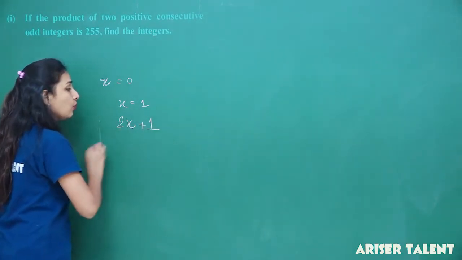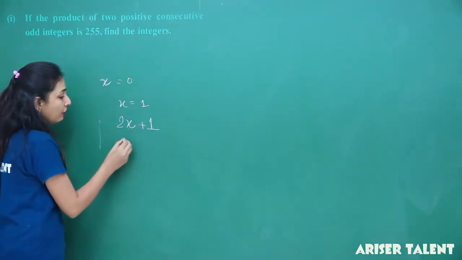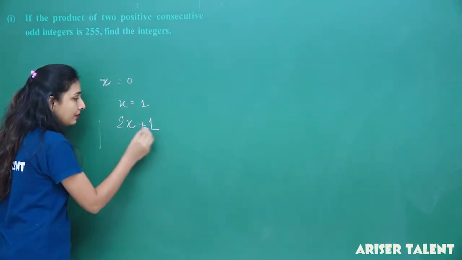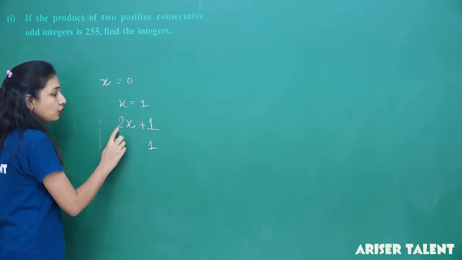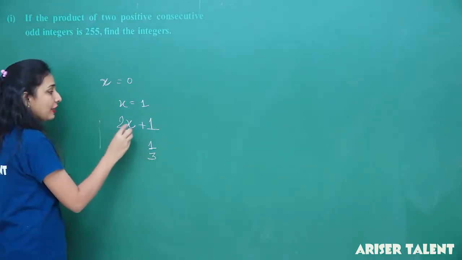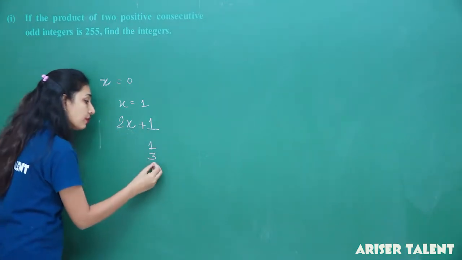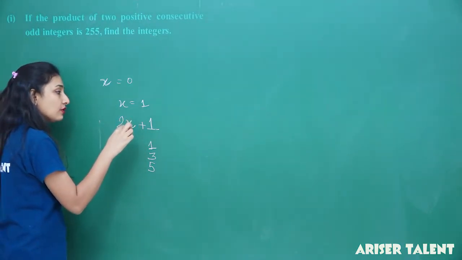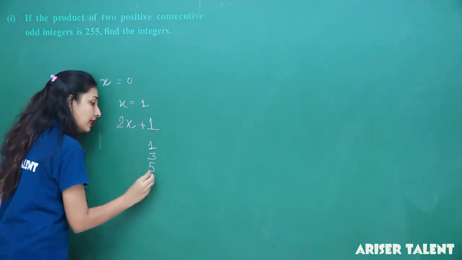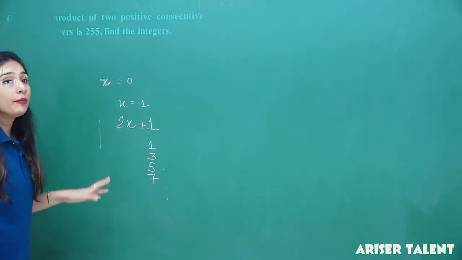Now I am saying 2x plus 1. Now if I put 0, that will become 1. If I put 1, then 2 plus 1, 3. If I put 2, then 4 plus 1, 5. Then I will take this equal to 3, 6 plus 1, 7. So again continuous odd numbers I am getting.